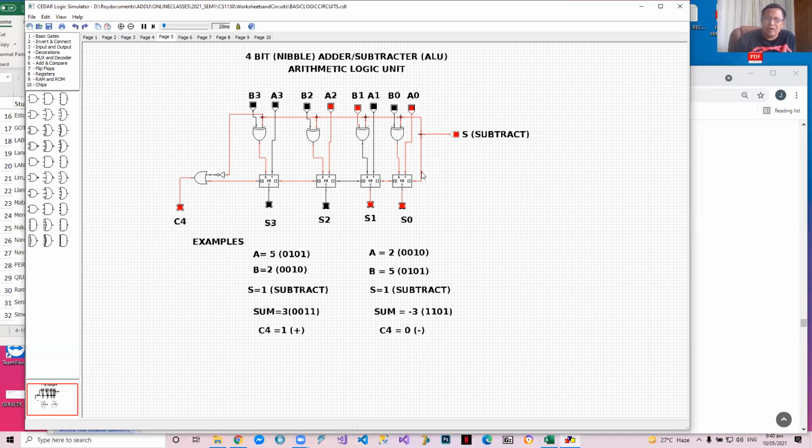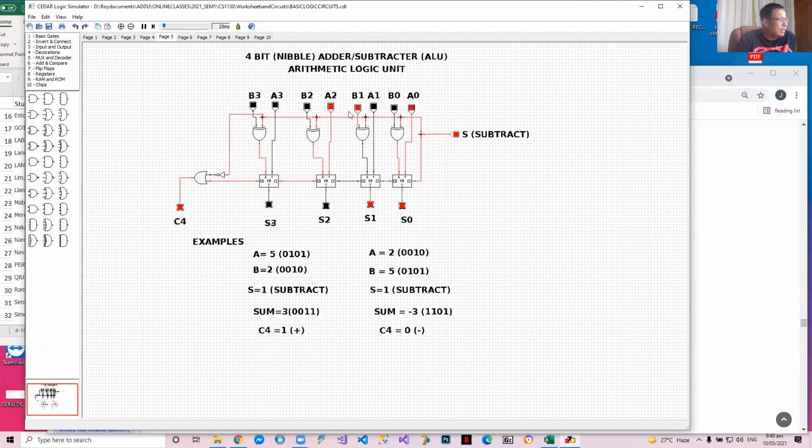Before the 1's complement or after the 1's complement, it doesn't matter. It just adds 1 anyway. So the additional 1 completes the 2's complement. So the XOR gate converts into 1's complement. The additional 1, okay, during a subtract as the first carry completes the 2's complement.